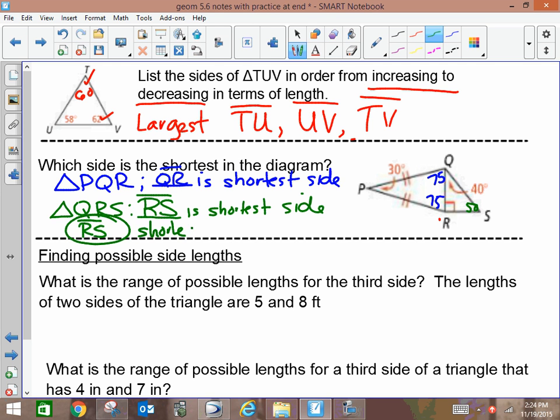Why? Because you're just focusing on a triangle. You're saying, all right, on this triangle, you can't look at all of them and find the smallest angle of all and say, oh, that's the smallest one, that's going to be the opposite side. You've got to say, all right, this triangle, the small side is this.